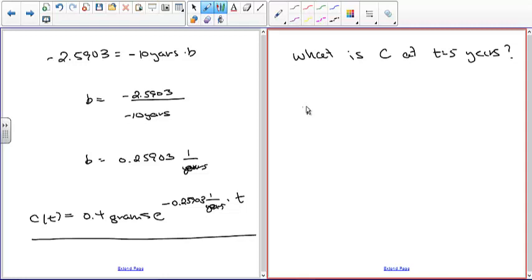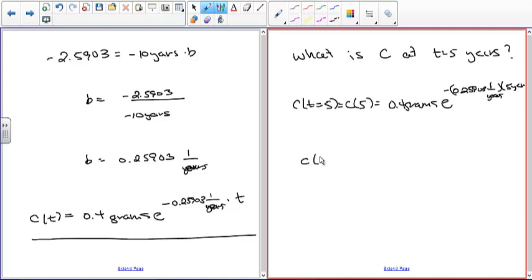So what we can do is c of t when t equals 5 equals c of 5, which is 0.4 grams e to the minus 0.25903 1 over years times t, which is 5 years.